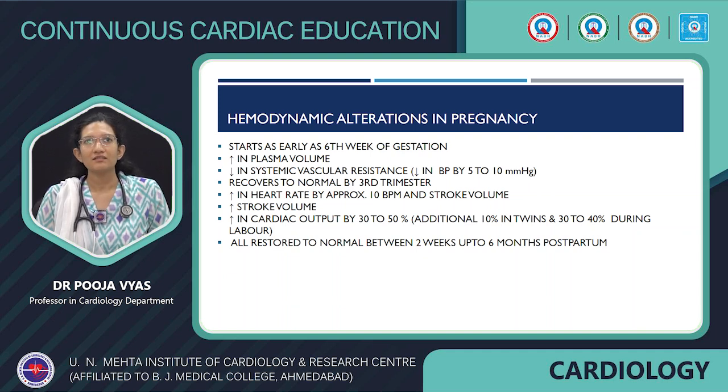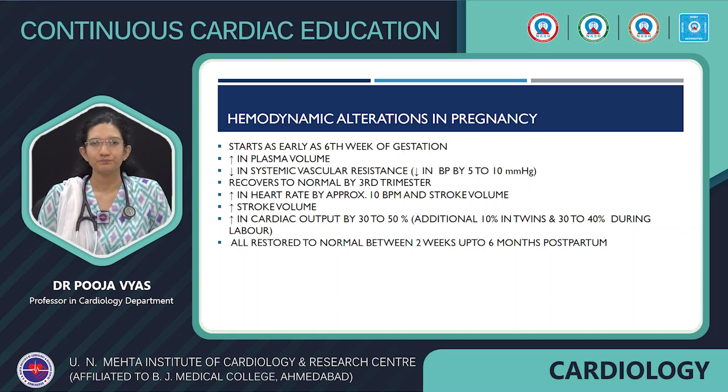It recovers to normal by the 3rd trimester, and there will be an increase in heart rate by approximately 10 beats per minute, and an increase in stroke volume. Cardiac output will increase by 30 to 50%, and all these changes will be restored to normal between 2 weeks and 6 months postpartum.